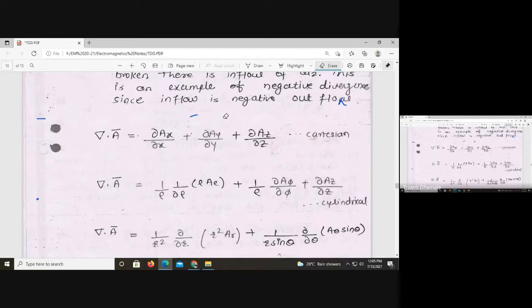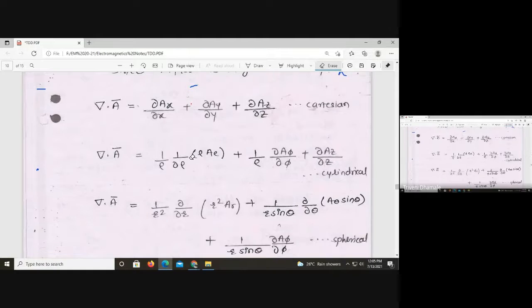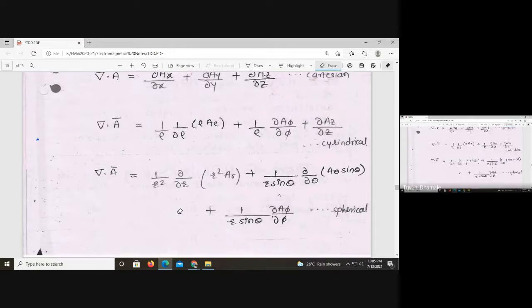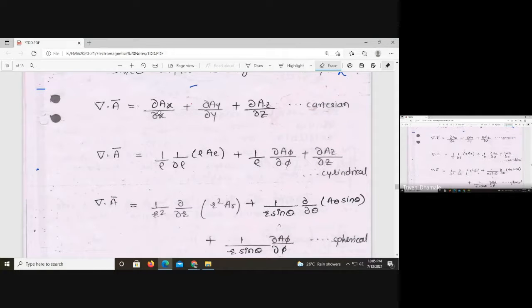Now same case, these formulas are already given to you, right? So these are the divergence of A bar in Cartesian coordinates, then cylindrical coordinates, then spherical coordinates. So these are the three formulas to calculate the divergence of A bar according to the coordinate system.